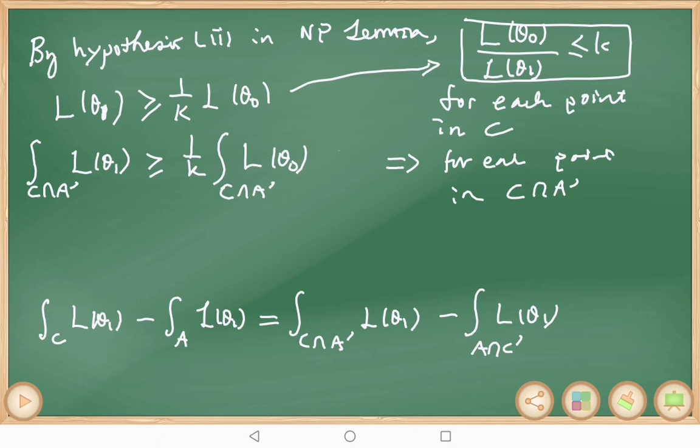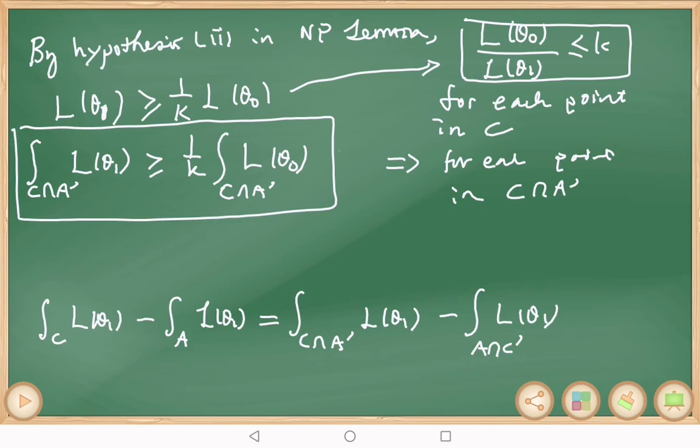So we have this result. And then we have hypothesis number 3. So let's clear some space here. What do we have for hypothesis number 3? We would have the converse.